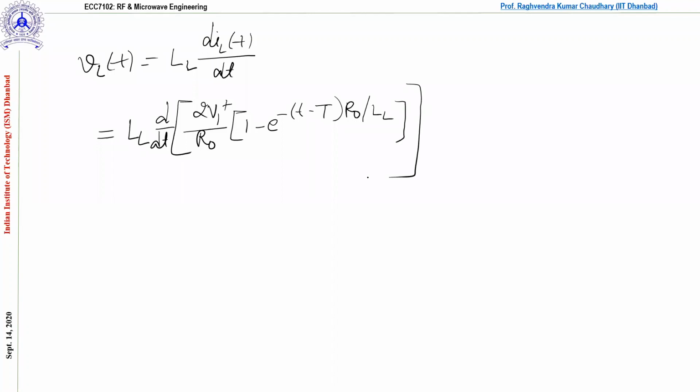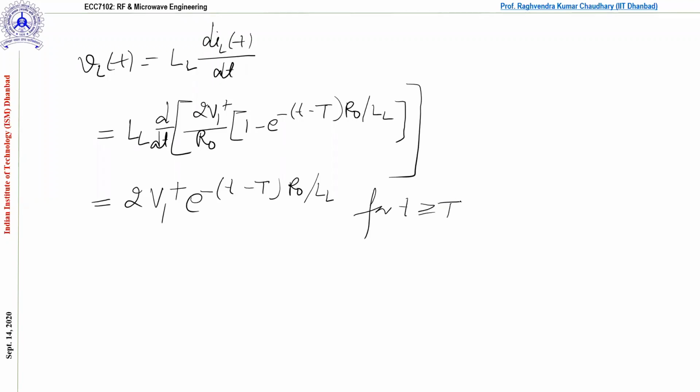Now let's differentiate with respect to time. This will be 0, and we have to differentiate the exponential. I'm writing the final one; I hope you can do the intermediate step: V1 plus e to the power minus (t minus capital T) R naught by LL. This is for t greater than or equal to capital T.